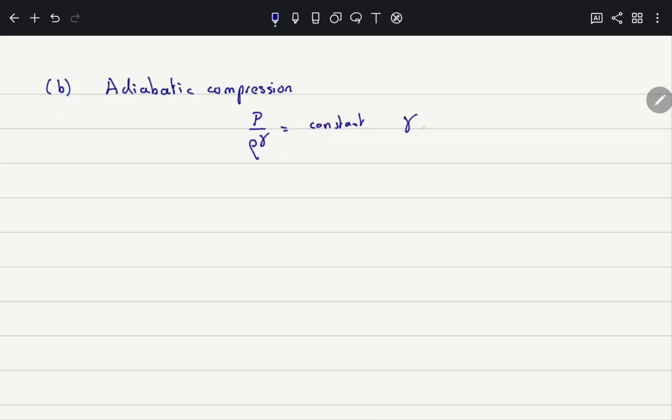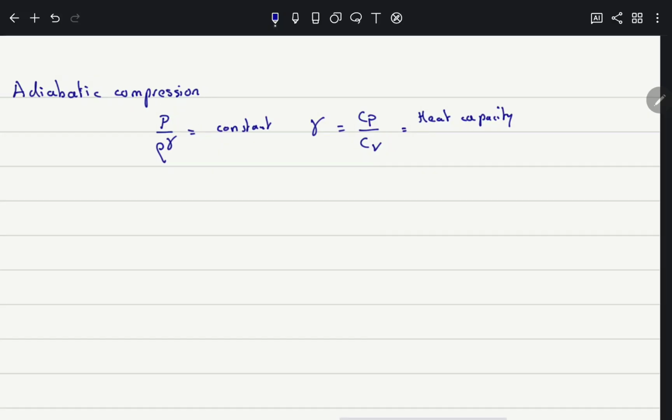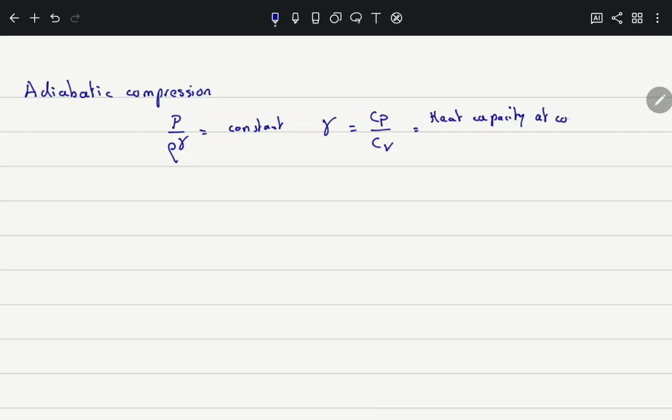And gamma is the ratio of the heat capacity at constant pressure to the heat capacity at constant volume.